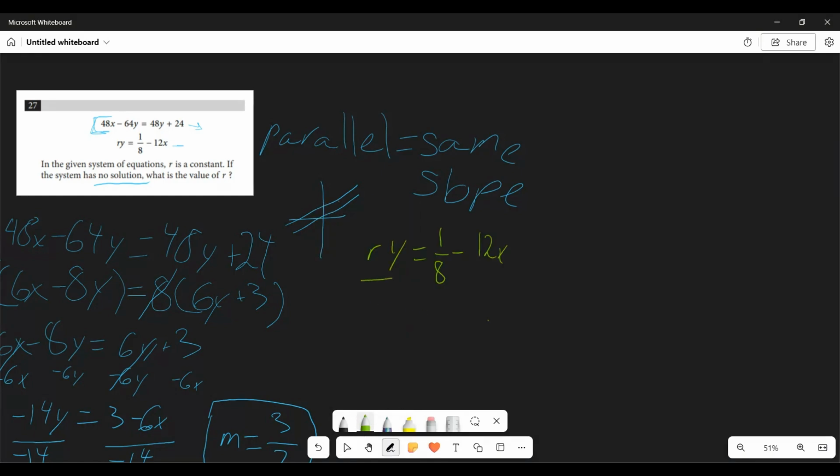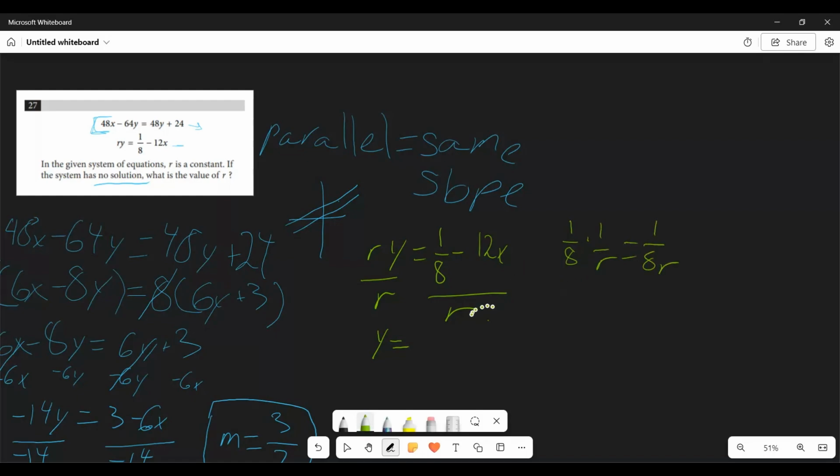So let's just divide by r on this side and divide by r on this side. We are left with then y is equal to 1 over 8 divided by r. That's the same thing as if we did 1 over 8 times 1 over r, which would be just 1 over 8r, okay?